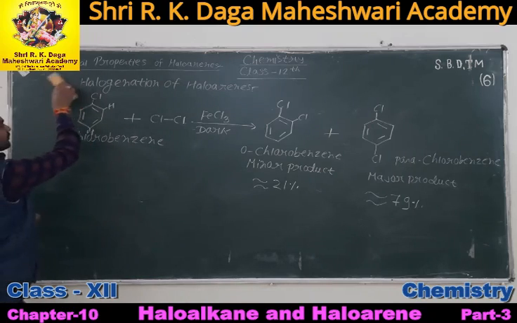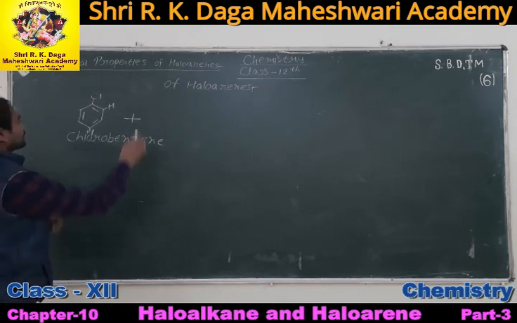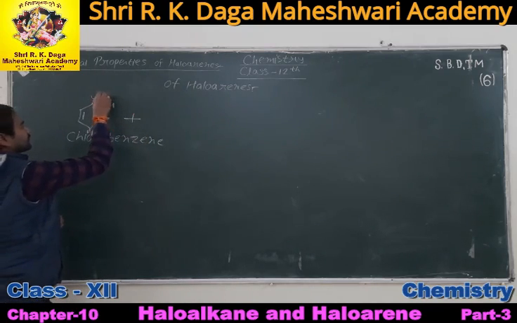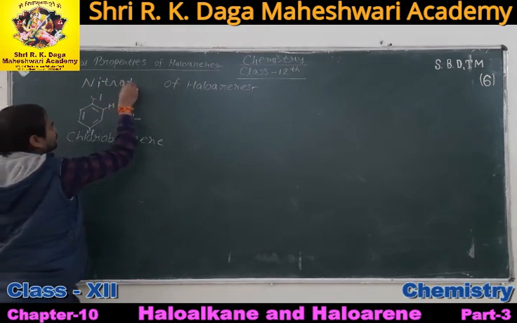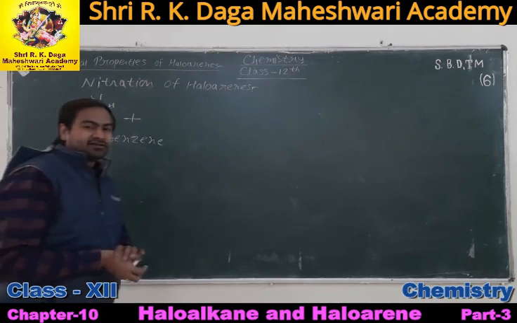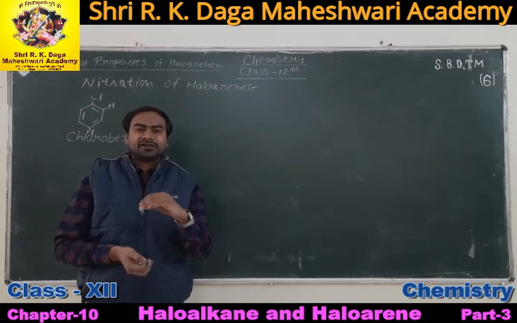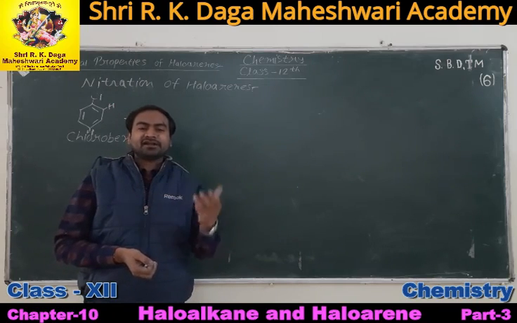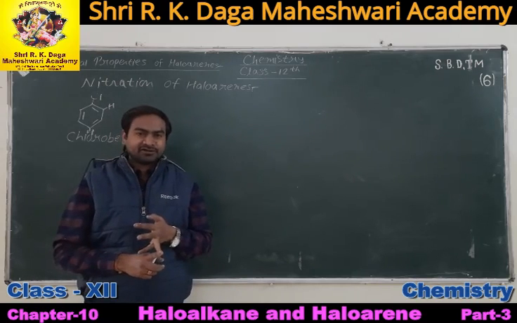And that is nitration of haloarene. In the nitration reaction, we react the haloarene with nitric acid. It may be dilute and it may be concentrated.